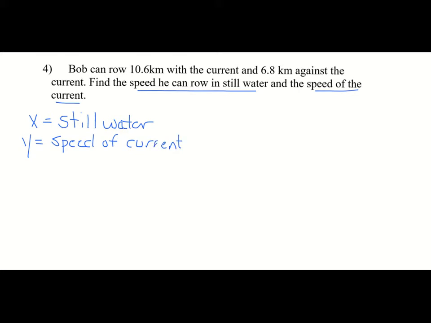Just like we did before, Bob can row with the current 10.6 kilometers, so x plus y equals 10.6. And against the current, x minus y equals 6.8.